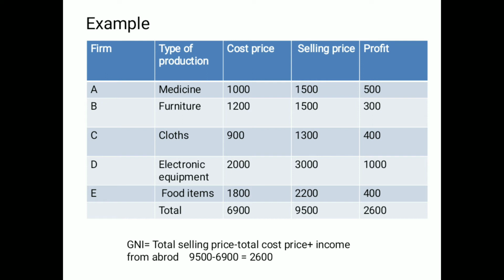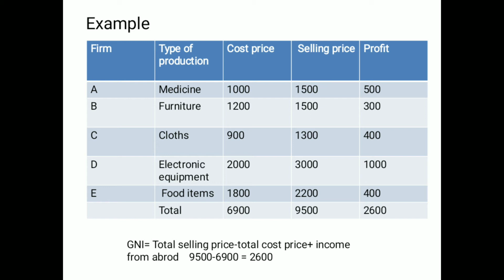Its cost price is 1000 rupees, while the selling price is 1500 rupees. The difference between the cost price and selling price is the profit of the firm. So here the difference is 500 rupees, which means the medicine firm has earned 500 rupees as profit.